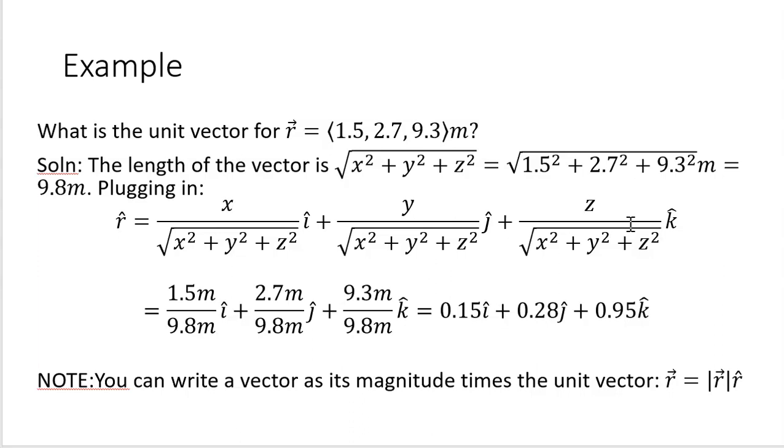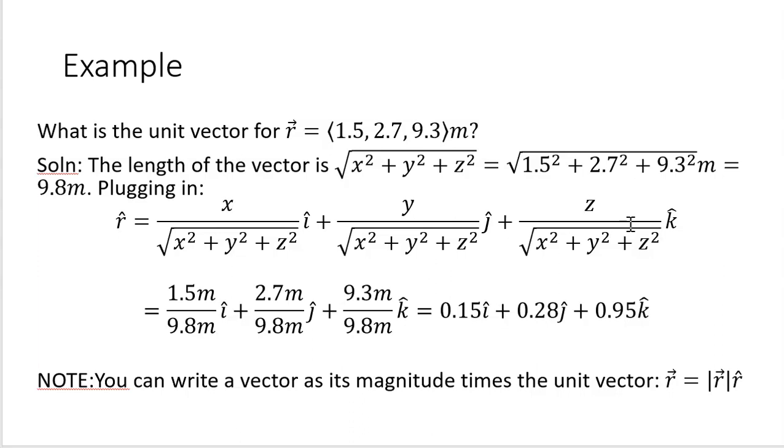Okay, so now plugging into our formula to find what the unit vector r hat might be, I would take that length, 9.8 meters, and put it on the bottom of these fractions, and then on the top I would put my x, y, and z components respectively. So the i hat component would be 1.5 meters divided by 9.8 meters. The j hat component would be 2.7 meters divided by 9.8 meters. And the k hat component would be 9.3 meters divided by 9.8 meters.